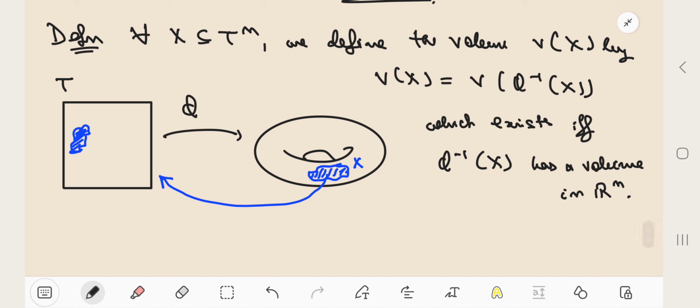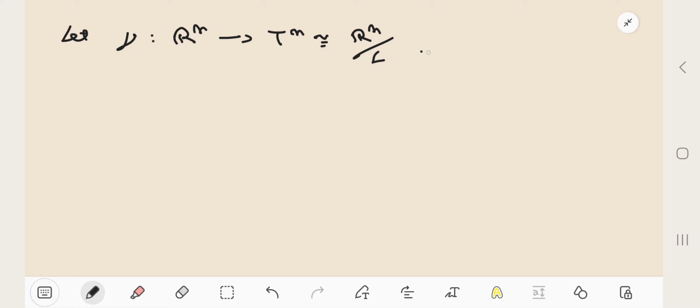Okay. Now let's move on to the next immediate observation. Let gamma be the natural quotient map from Rn to Tn, because Tn can be identified as the quotient group Rn mod L. Okay, so this is the natural map.